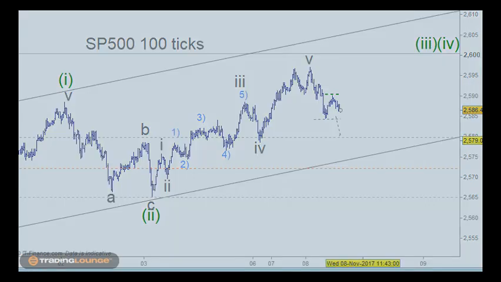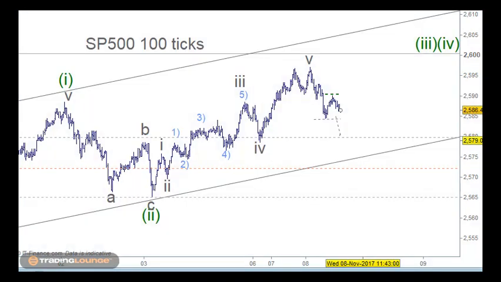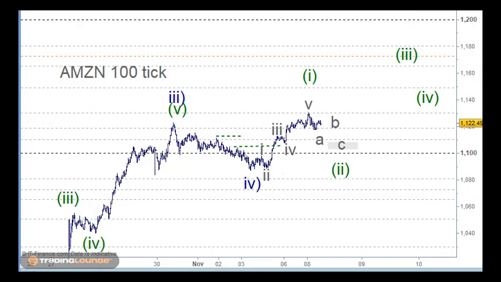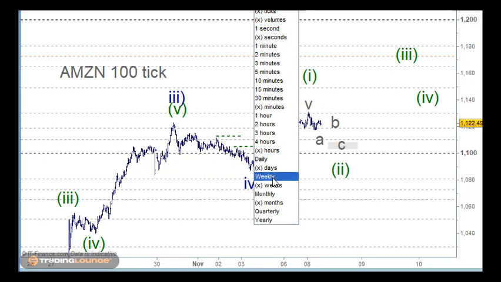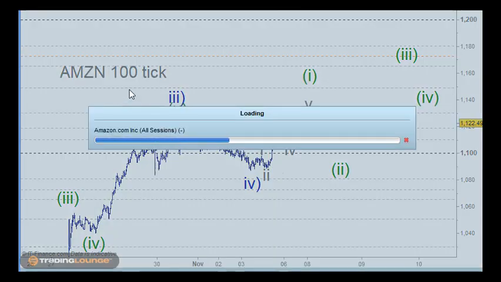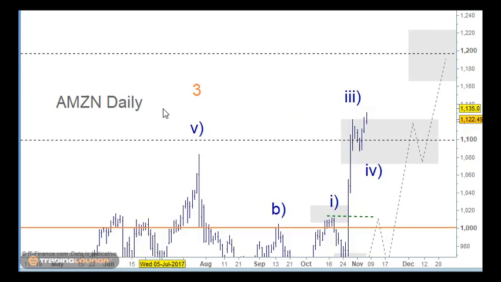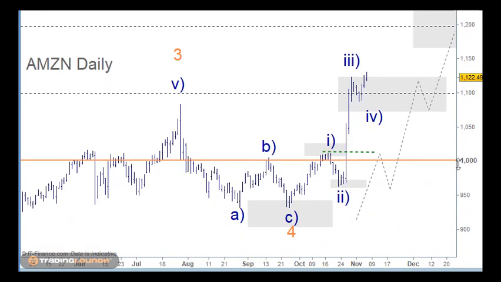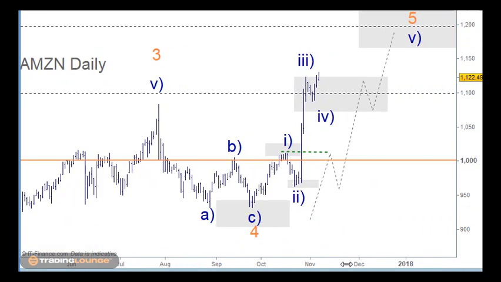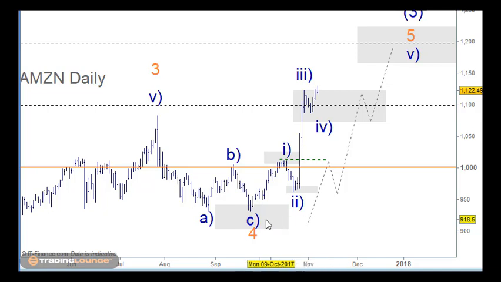And if you don't mind me just going straight over to the daily chart here for this Amazon. What we'd been looking for in a nutshell was wave 1 and 2 here, and then wave 3 to the upside, wave 4 here, and then wave 5 moving higher up through here.